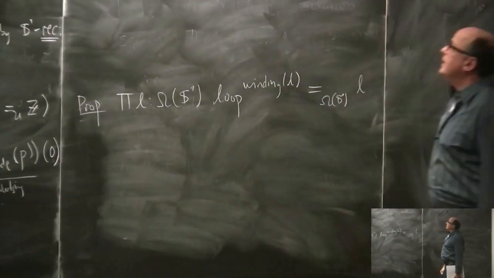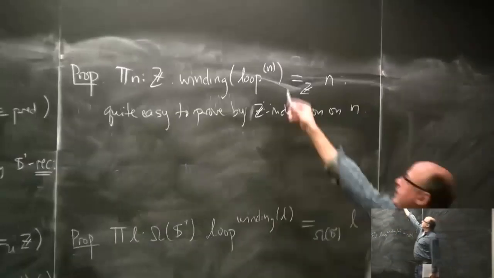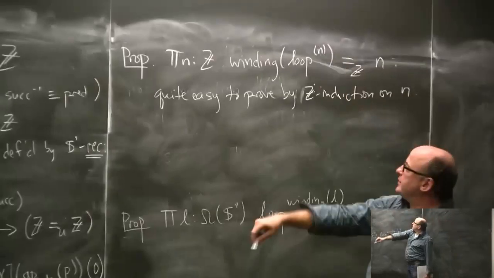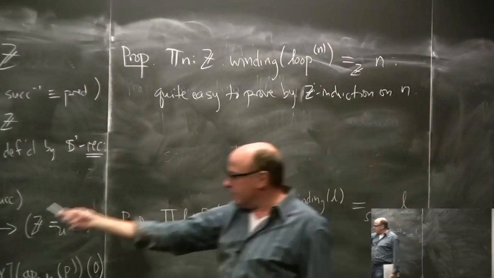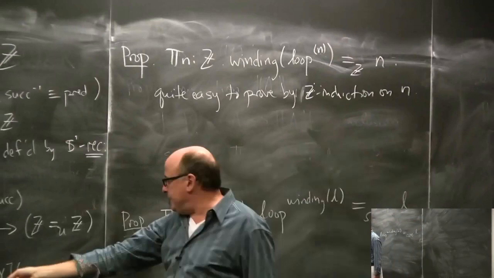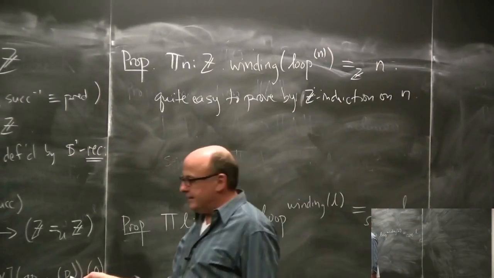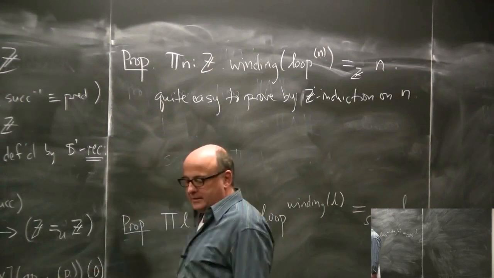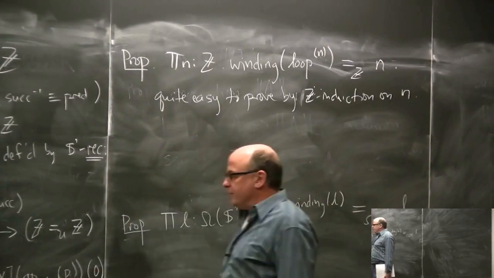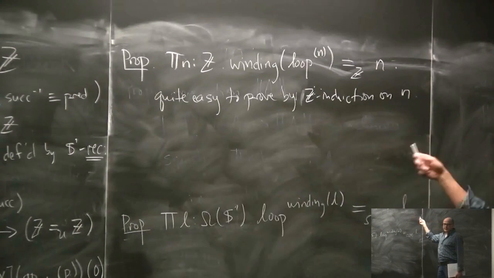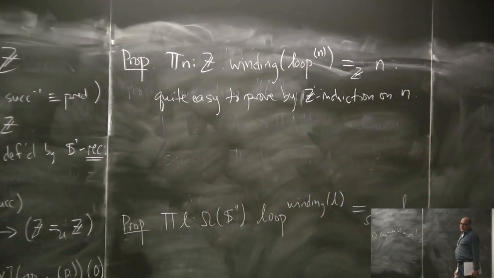The idea is, if n were 0, then loop to the 0 is by definition reflexivity. If you look at what winding is, it's saying do some action of paths on reflexivity. So that's a reflexivity. What does transport do on reflexivity? Well, it's basically reflexivity, and so you end up with 0, the identity. Then you can do an easy induction.